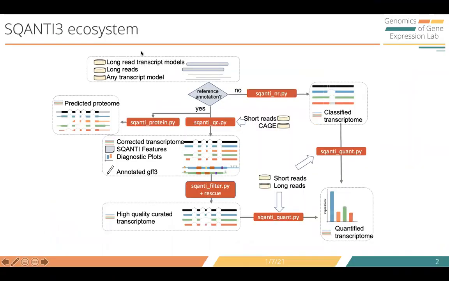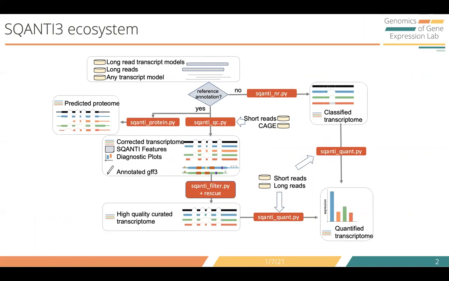SQANTI was published in 2019 as a tool for the quality control of long-read transcriptomics data and has evolved since into an ecosystem that includes different functionalities. Usually, the input is long-read transcript models, although you can also provide just long reads of any transcript model.